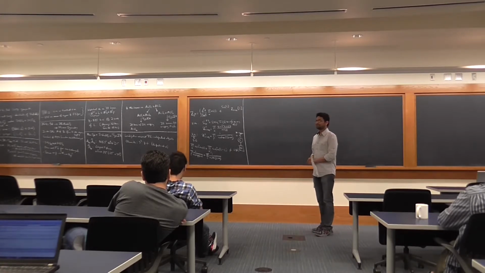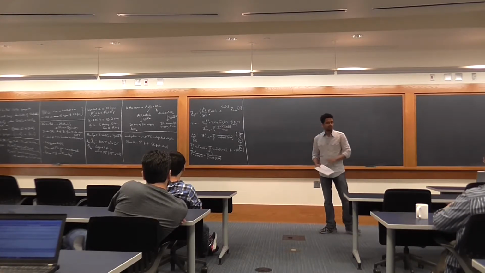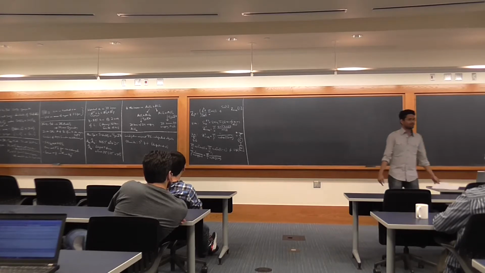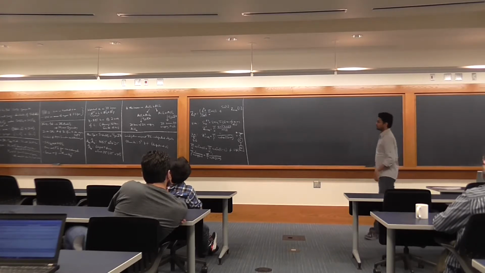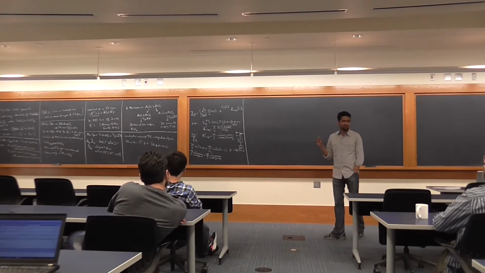Okay, very good. So let me repeat what I've done. I started by defining what N equals 4 theories in 3D are, and the fundamental information about the low energy theory that you could be interested in.